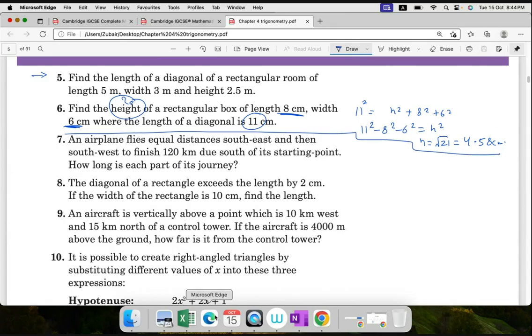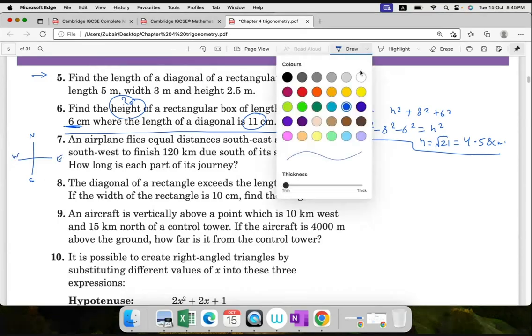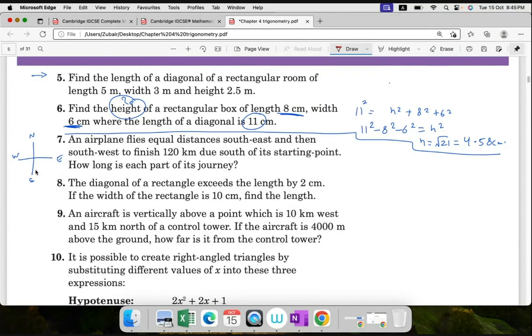Question number 7 says an airplane flies equal distances southeast and then southwest. Okay, north, south, east, west. So it first flies southeast and then it flies southwest, to finish 120 kilometers due south of its starting point.